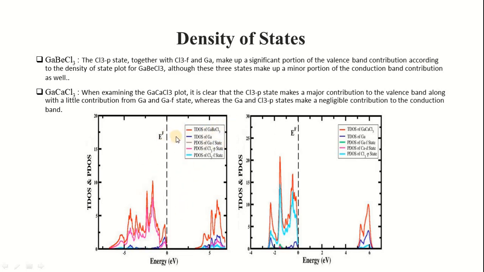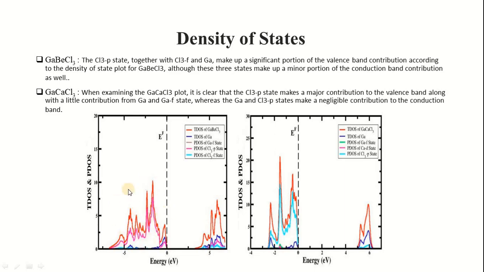When examining the gallium beryllium trichloride plot, we have seen that there is a dominant contribution of Ga atom and chlorine P states and chlorine F states, and of course the total density of states of GaBeCl3, which is represented by the red color, the blue color, and the chlorine P states by the purple color here.